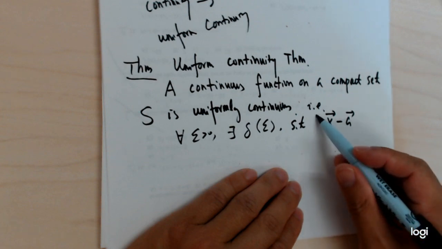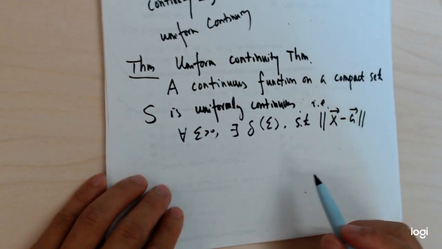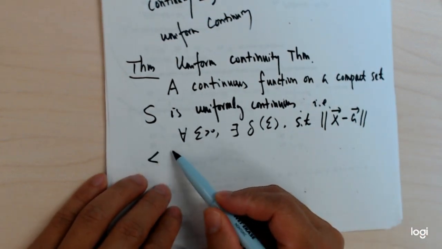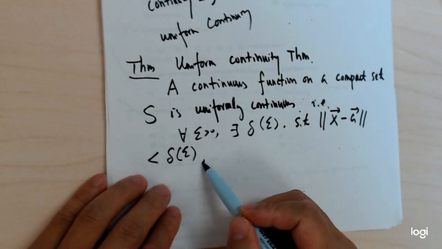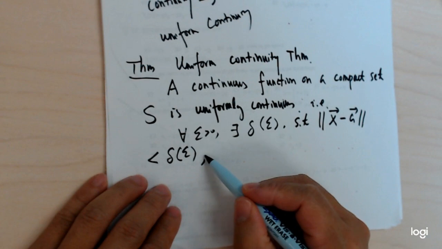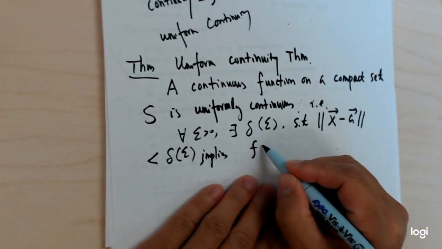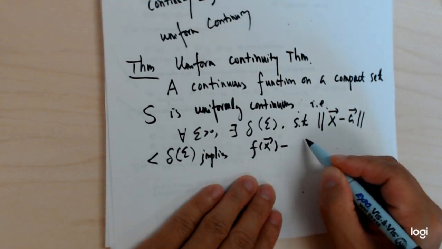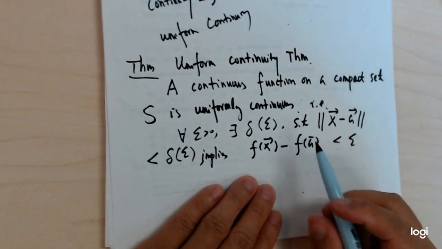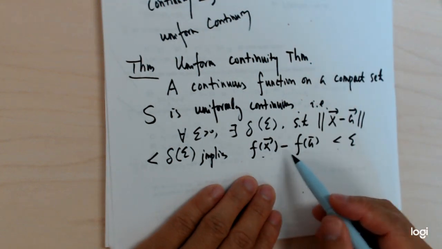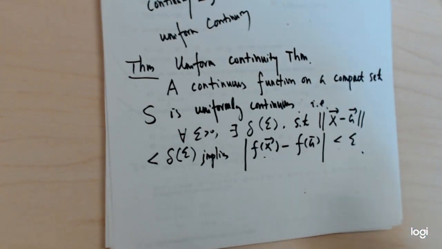In higher dimension we take its norm, which measures the distance between the two points. Now these are real numbers, no longer in higher dimension, so you just need the absolute value here.